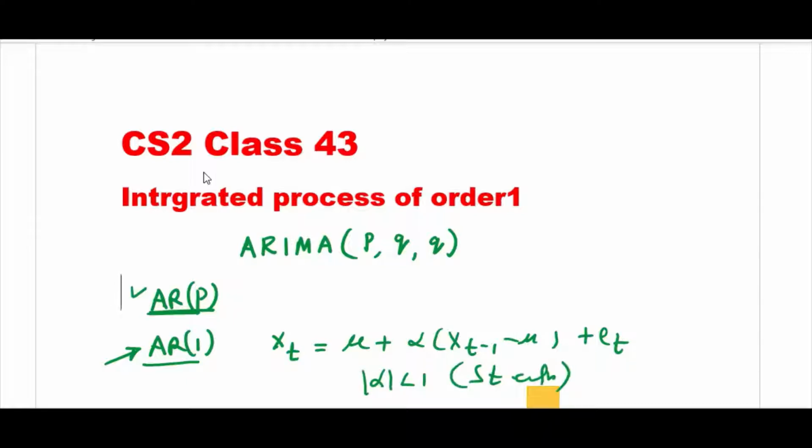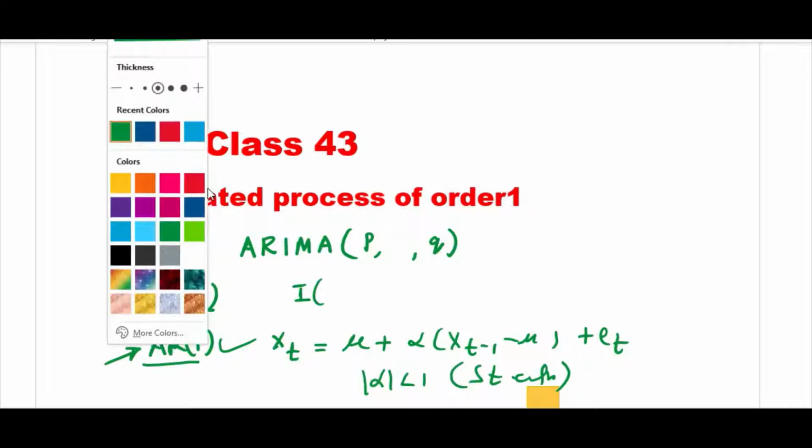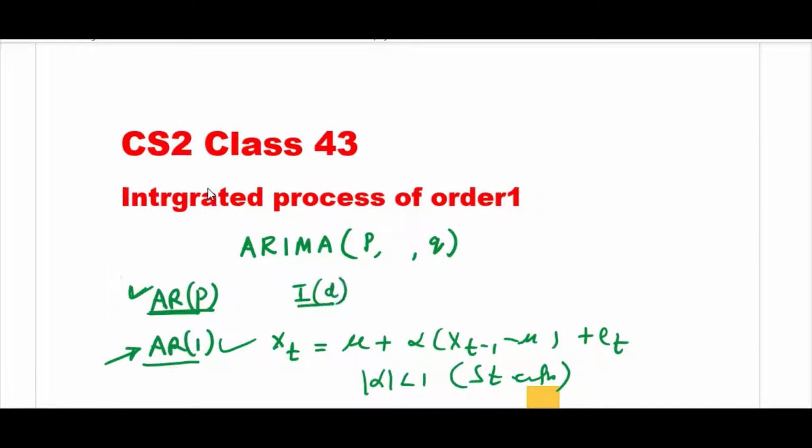And I want to give you one example for this. Then we'll move to general AR(p). Next time we'll discuss the second one, that is integrated process of order d. And in this example today, AR(1), I will consider this one with d equal to 1.